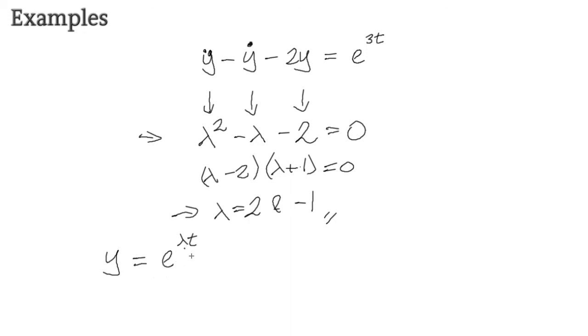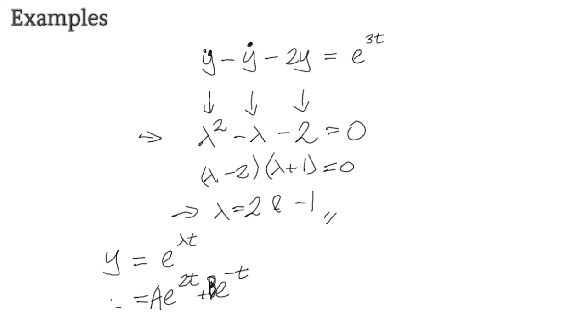From this we can say that because we have two different lambdas, we have two terms. So we have e to the 2t plus e to the minus t. Make sure you have a coefficient for each, so a and b.